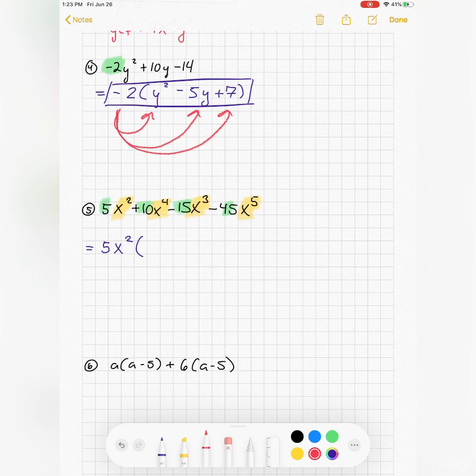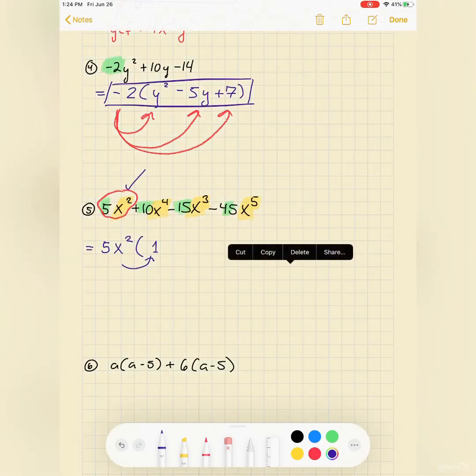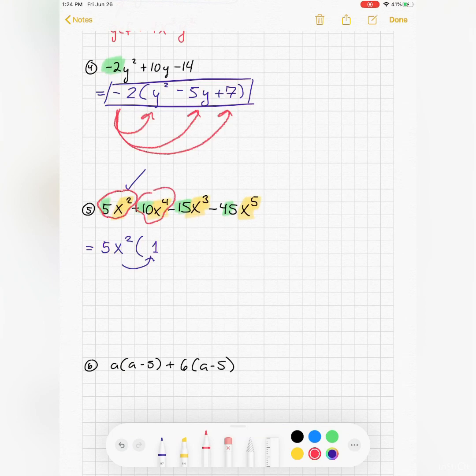So what does that leave me with? Well, if I pull out the 5x squared, that whole first term just leaves me with a 1, right? Because 5x squared times 1 is 5x squared. What about the next term here? I pulled out a 5, so I'm going to have a 2, and then an x squared.